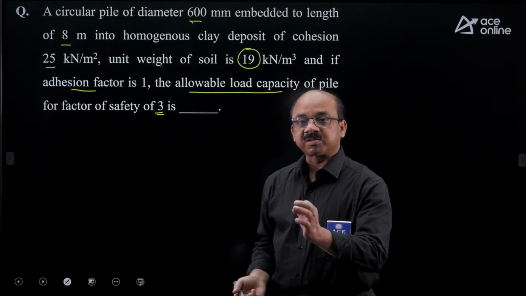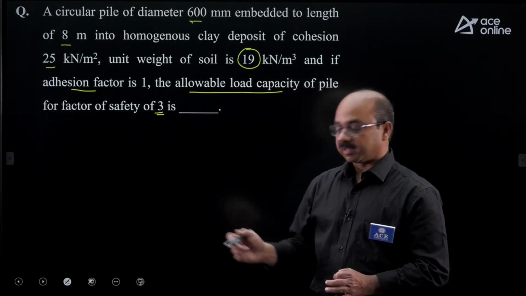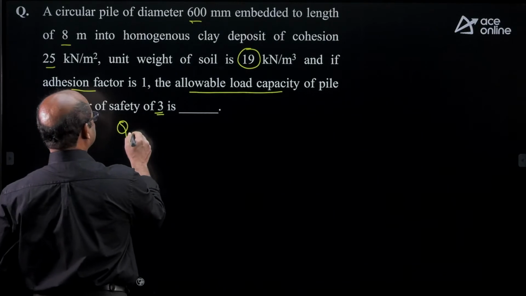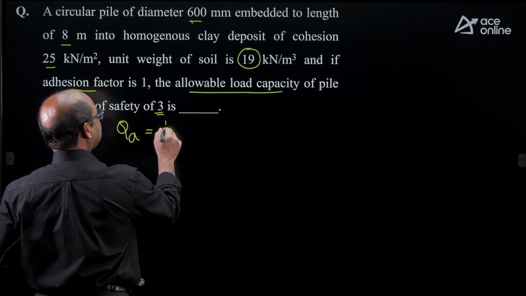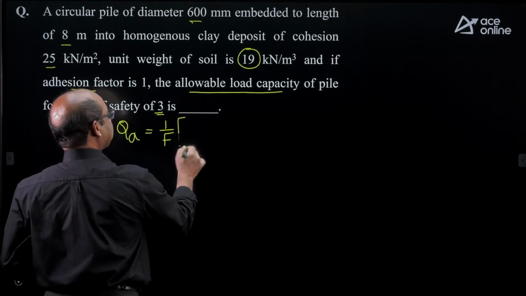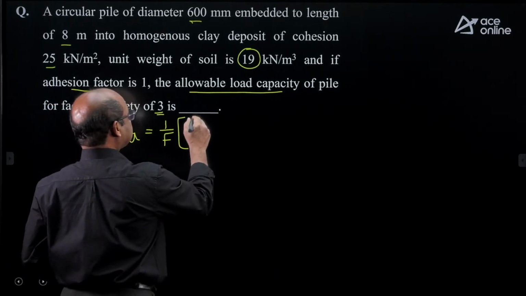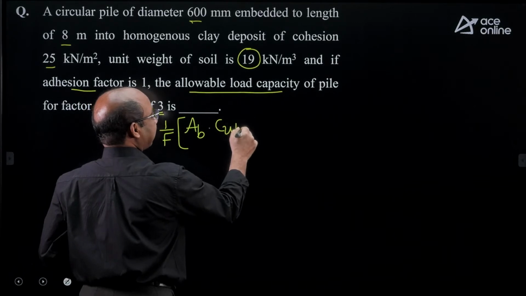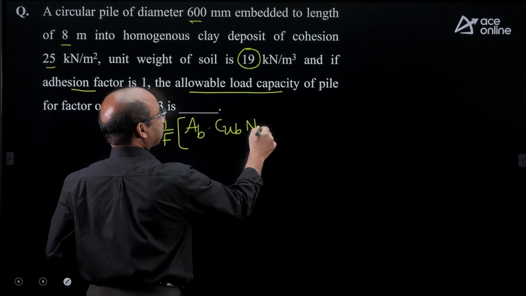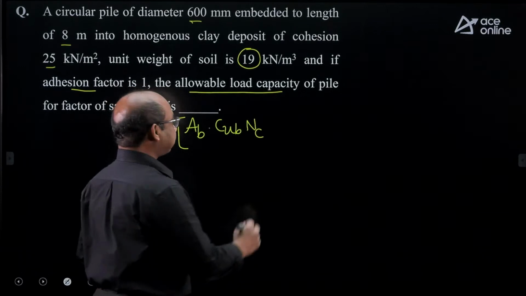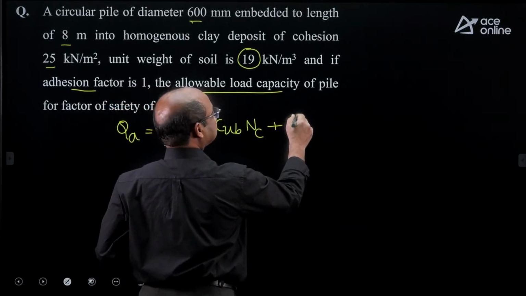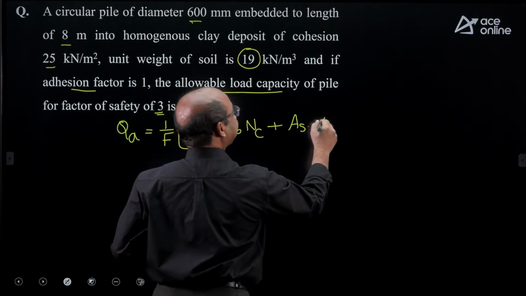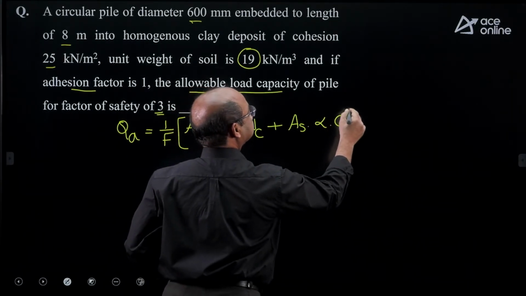So I use the direct equation for the safe load capacity of a single pile. The formula to use is the allowable load with a factor of safety: 1 by factor of safety, times the area of the pile, Cu value at the base, the bearing capacity factor Nc, plus As, alpha into Cu.